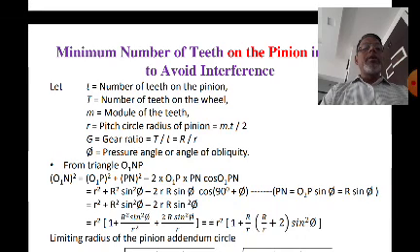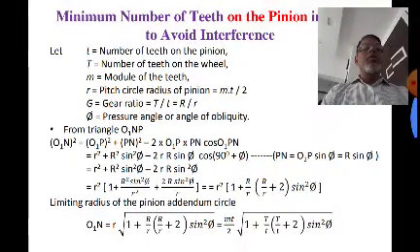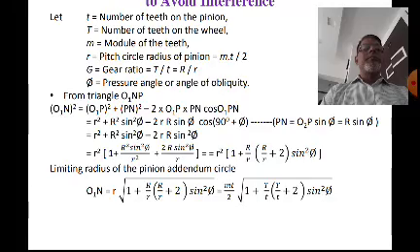And capital G is the gear ratio, meaning the number of teeth on the wheel divided by the number of teeth on the pinion, and that is equal to, again in terms of the radius, capital R divided by small r. Phi is the pressure angle or angle of obliquity.